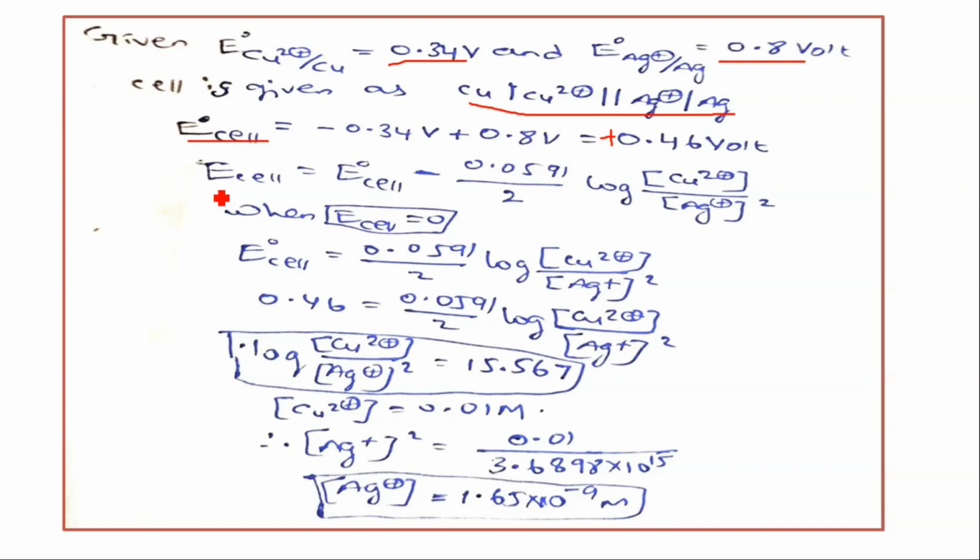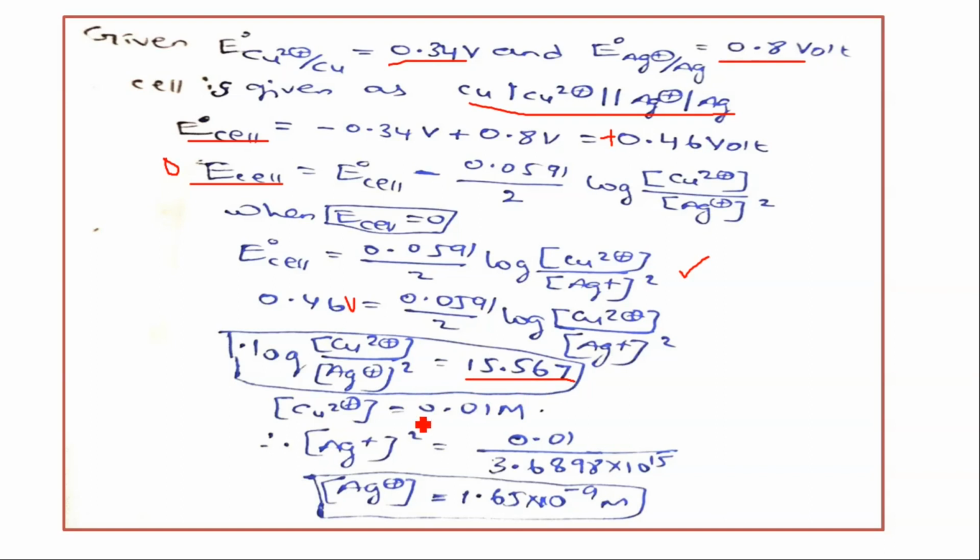In the Nernst equation, E cell is 0, so this term comes to this side and you get this equation: 0.0591 divided by 2 log of Cu2 plus over Ag plus squared, with the standard E cell you already calculated as 0.46 volt. Calculating this, log of Cu2 plus over Ag plus squared comes to 15.567.